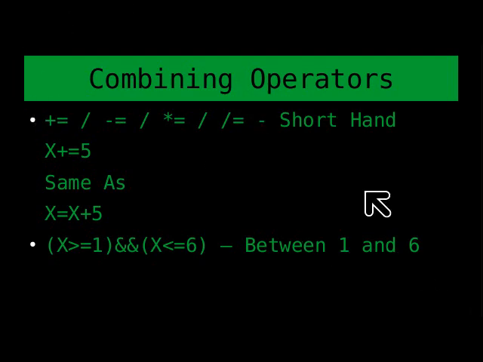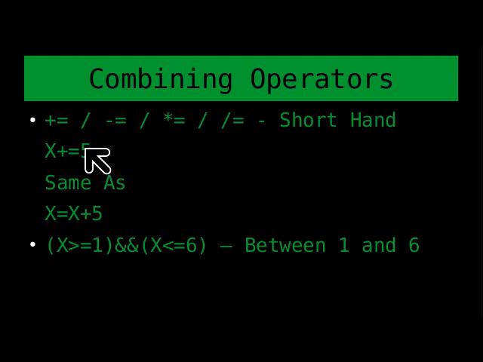These guys here are shorthand arithmetic, so we've got addition, subtraction, multiplication, and division. The basic general gist here is you're going to take a variable and use that operator to assign to that variable, to add to that variable itself.